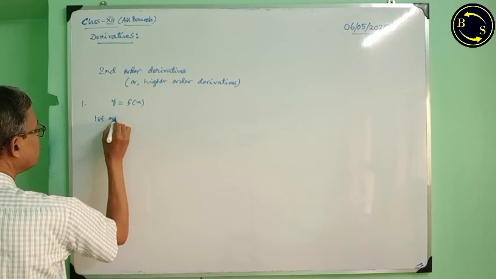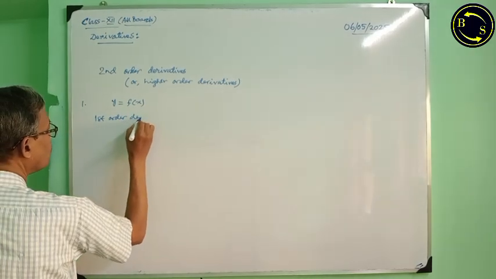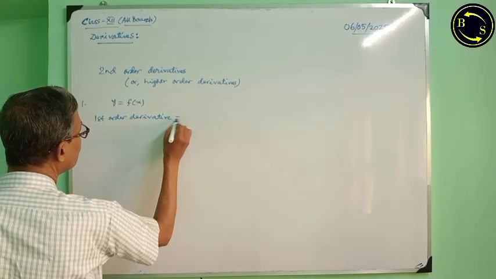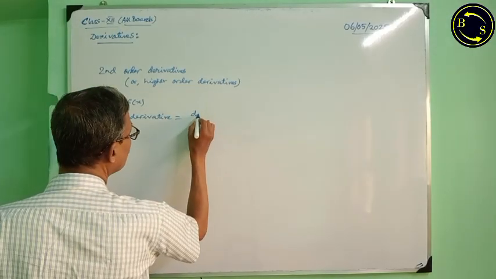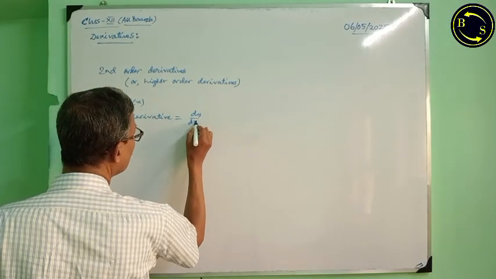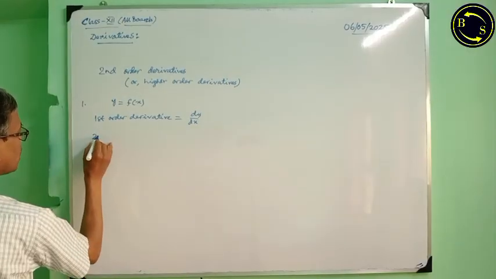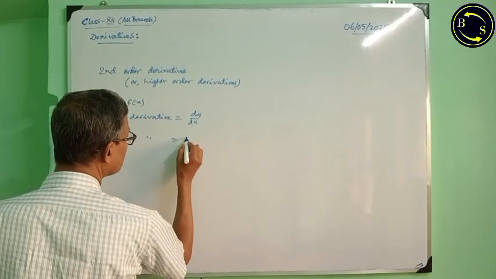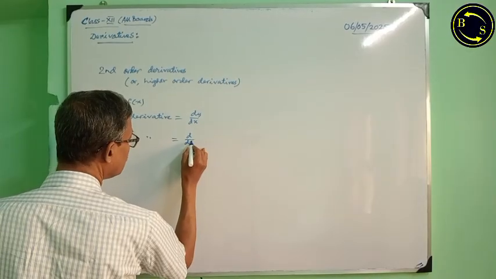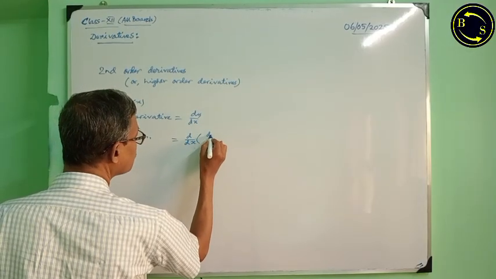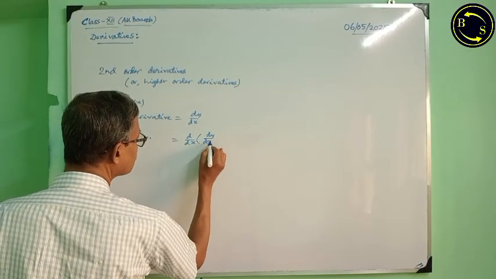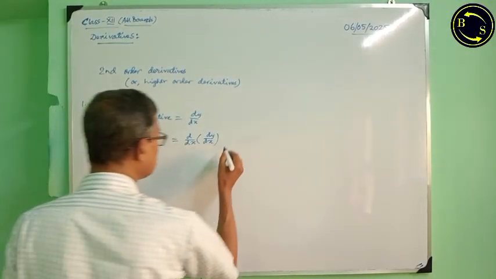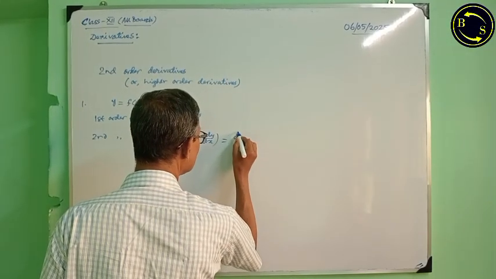First order derivative. Second order derivative, that is derivative of the derivative obtained earlier, d/dx of dy/dx, that is written in short.